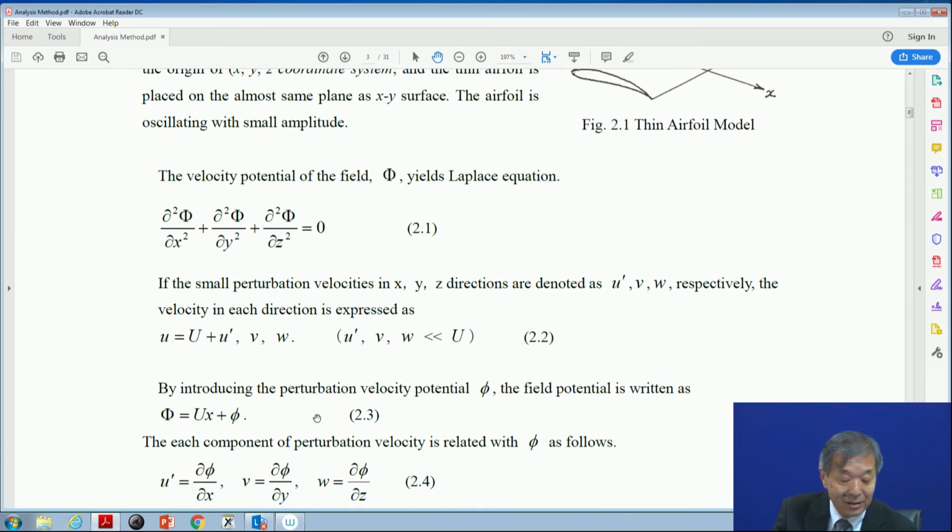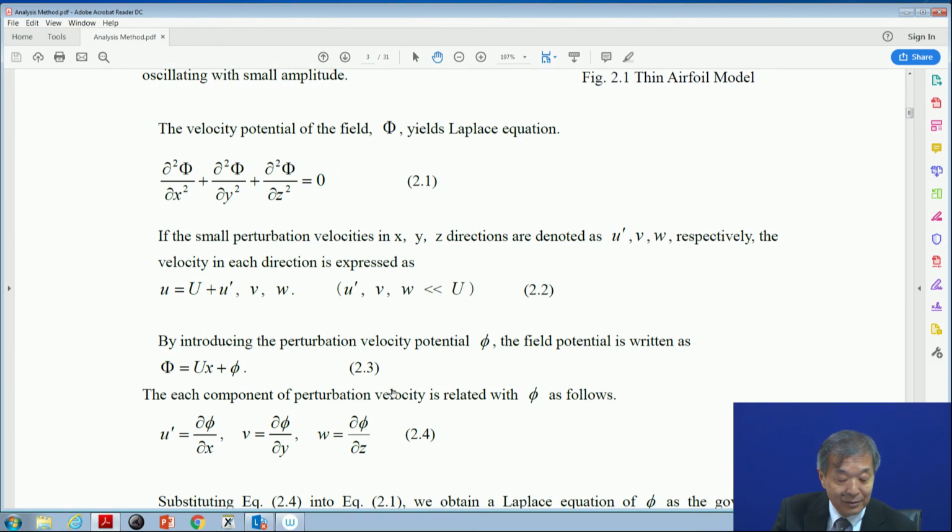So we can have this relationship between the velocity potential, capital phi and small phi. And the perturbation velocity in each direction is related to phi by this: d phi dx is u prime, d phi dy is v, and d phi dz is w.